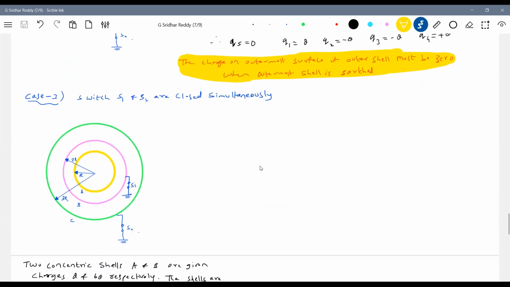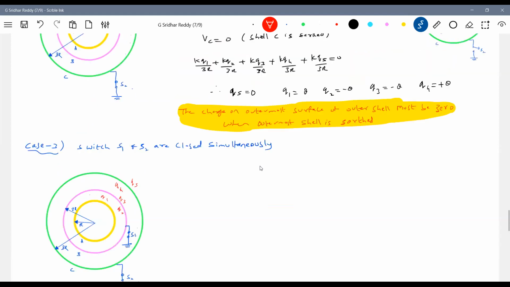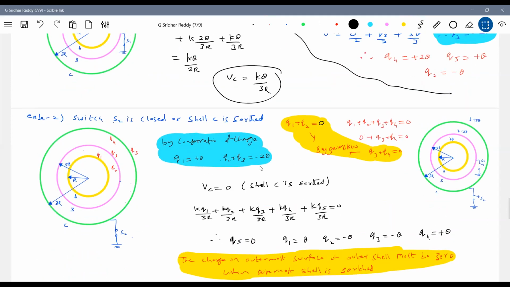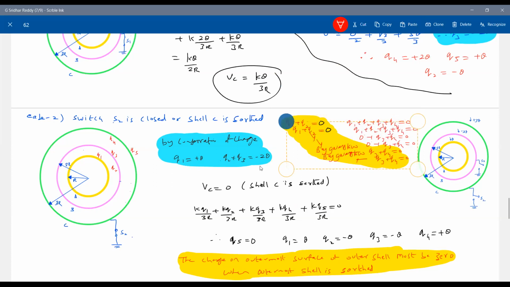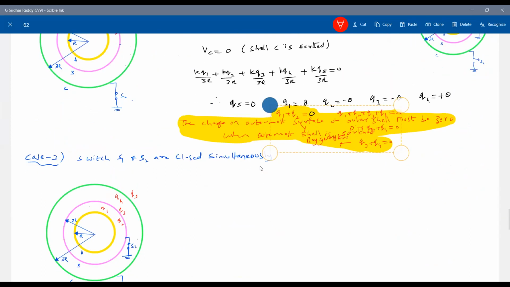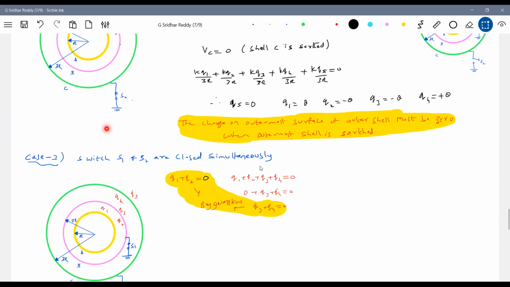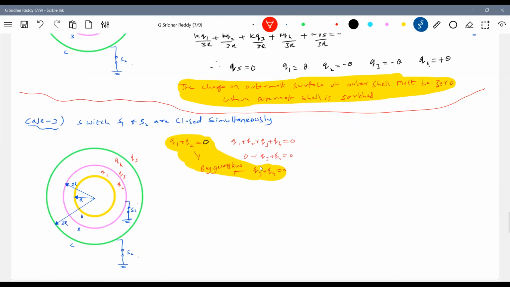If both the shells are earthed, tell me what conditions will come. Again, the first two conditions are valid. There is no doubt in these two. We'll just continue here. The first thing: the charge of a shell, which shell is conserved?